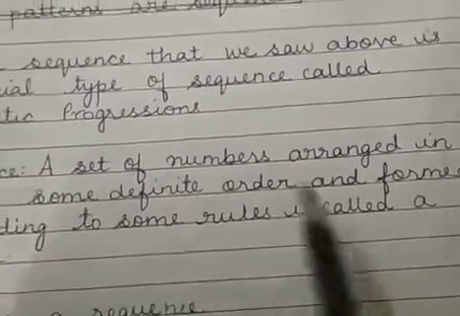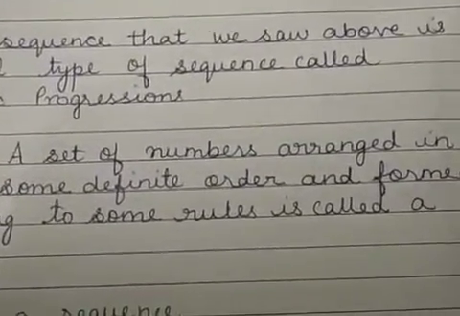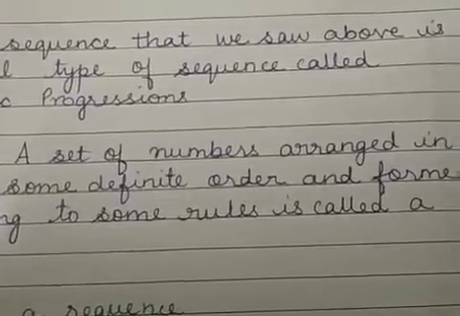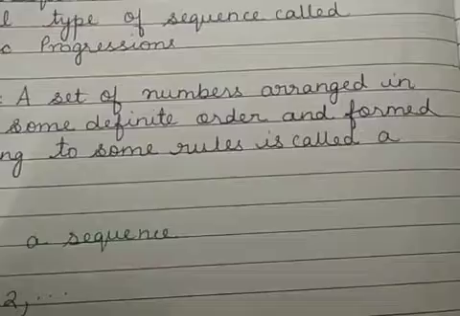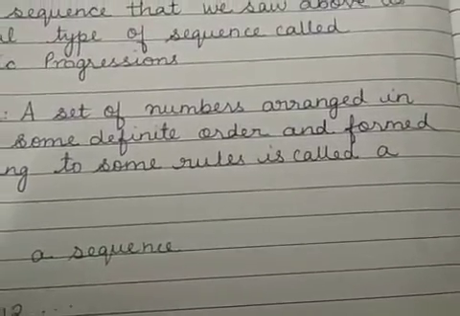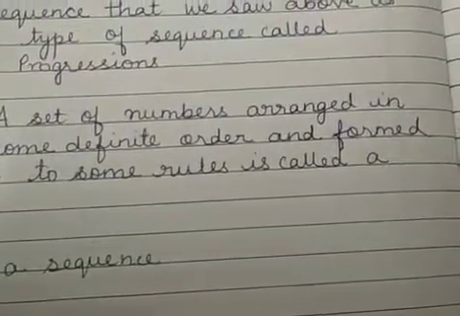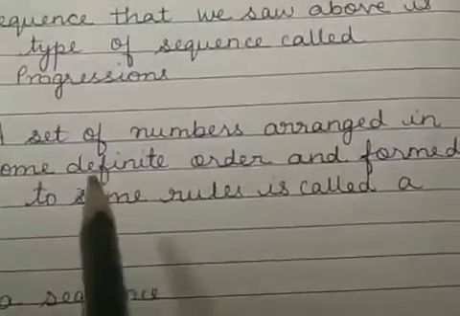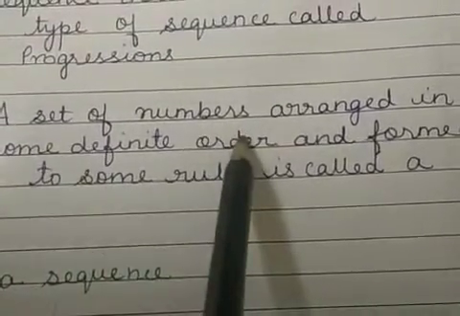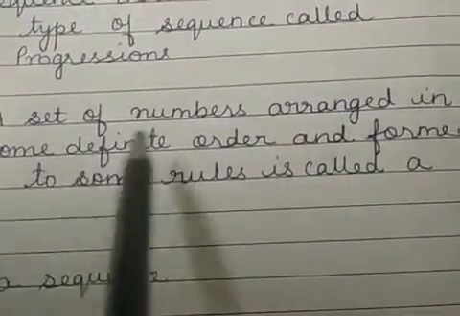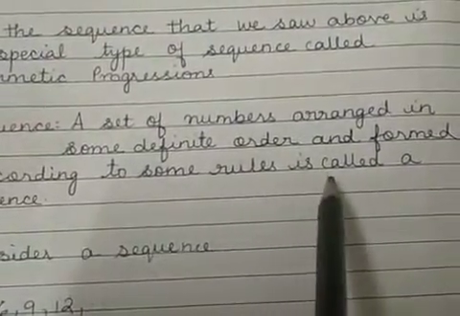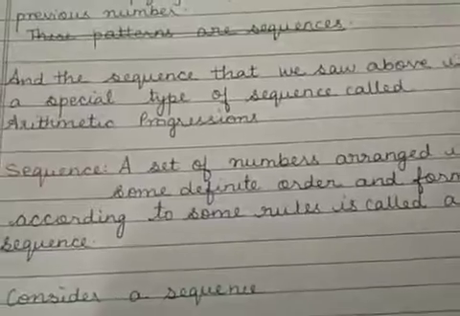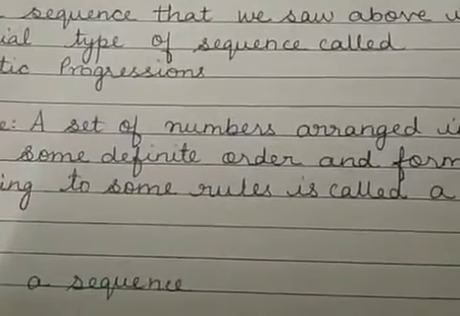In one of the examples, the rule was you get the next number by adding a fixed number to the previous number. So a sequence is a set of numbers arranged in some definite order and formed according to some rule. That is the meaning of a sequence.